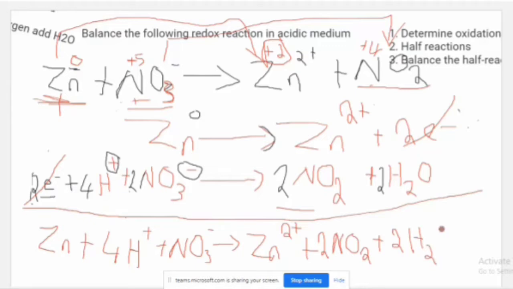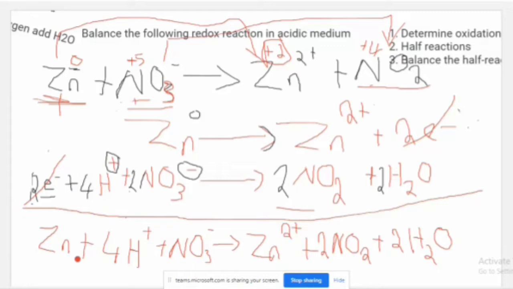Yes, 2 water molecules. So this is our final answer. That is how you balance redox reactions in acidic media. Once you get this equation, you're supposed to counter check the number of atoms and also check the charge.